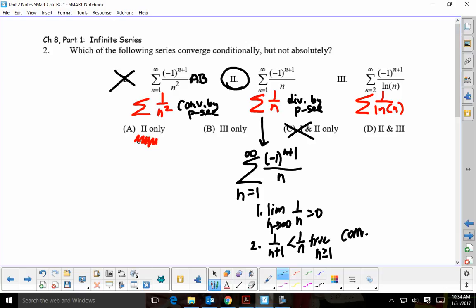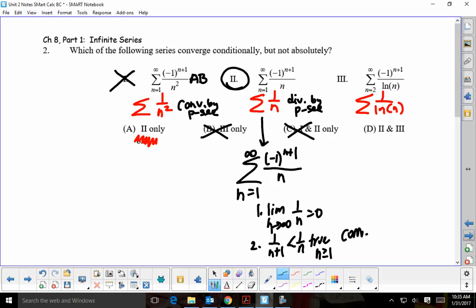So now which one can I get rid of again? I can get rid of B. Last one's tough. Did everybody get 1 and 2 okay?